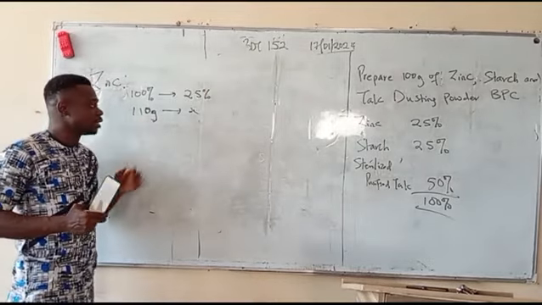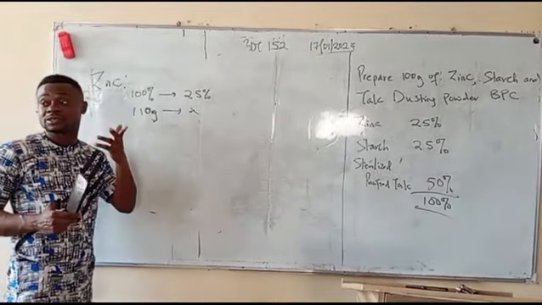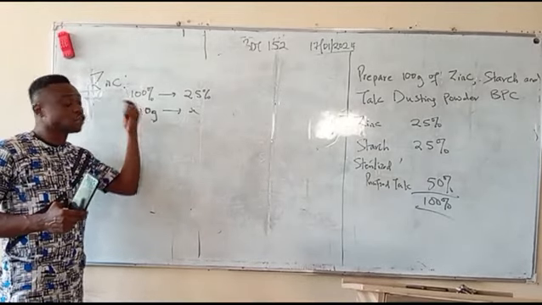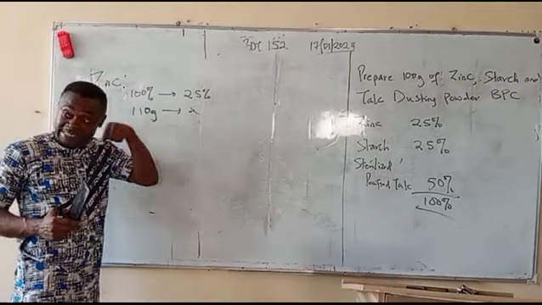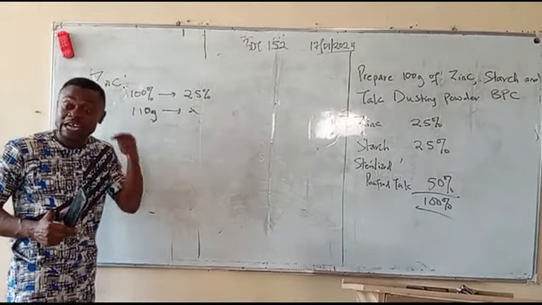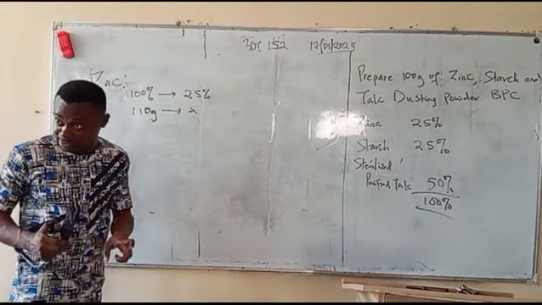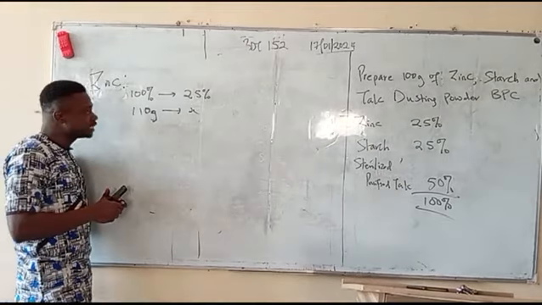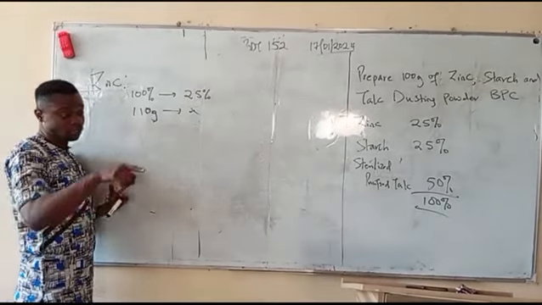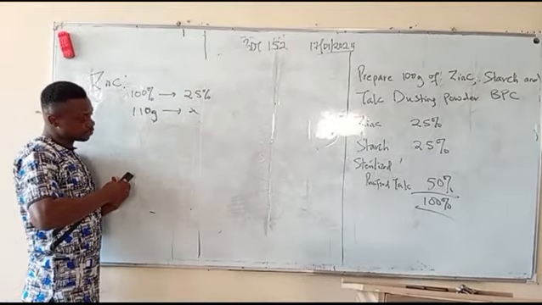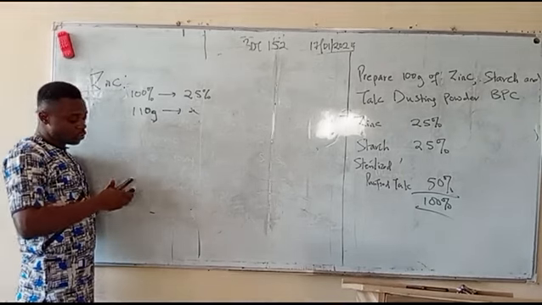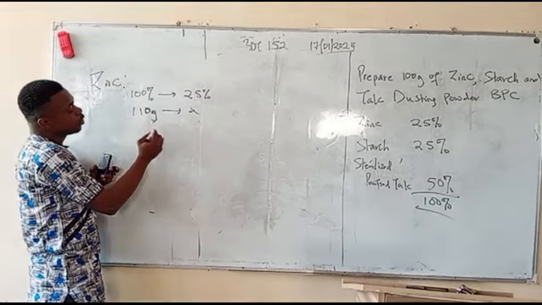Just know that you need it for practice. If you are actually compounding it, you need it. So let's just add it because of the nature of the topic we are treating, because it's more practical.